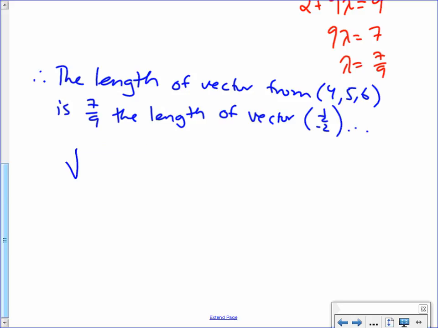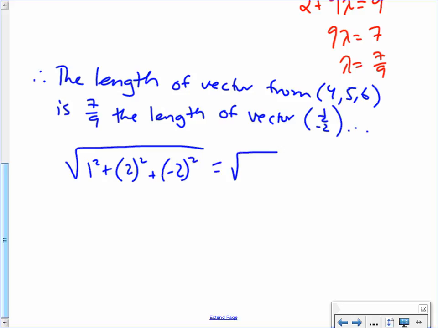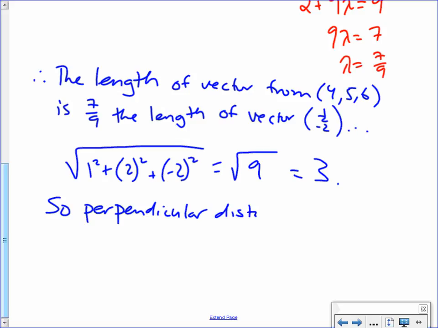So the magnitude of that one would be the square root of 1 squared plus 2 squared plus -2 squared, which is the square root of 9, which is 3, right? So the perpendicular distance is equal to 7/9 times 3, which is 7/3.